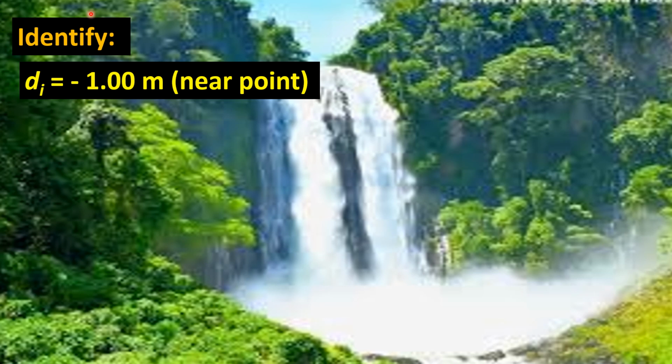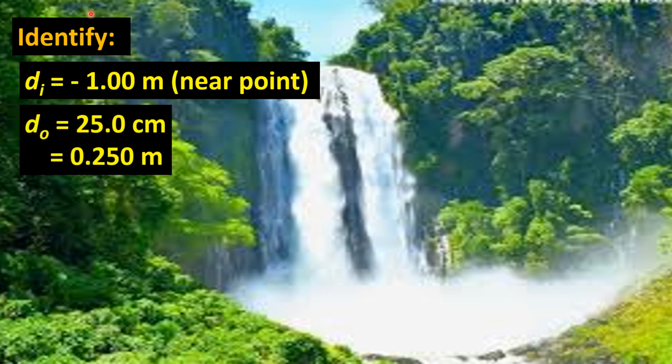Alright? And that is why we indicate di here with a negative sign because it is a virtual image. Now, the object distance do is given as 25.0 centimeters or 0.250 meters.